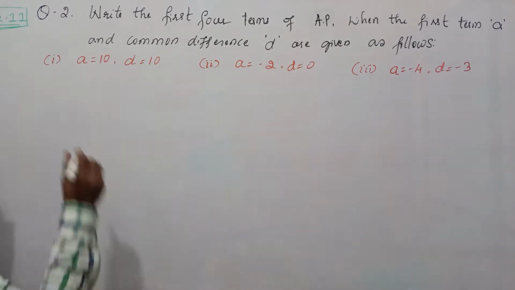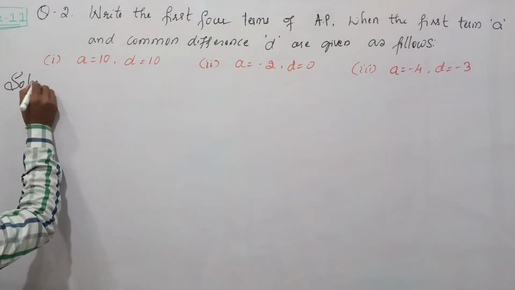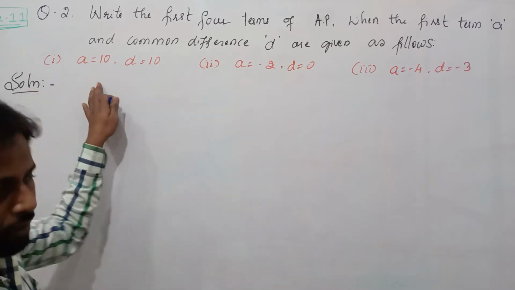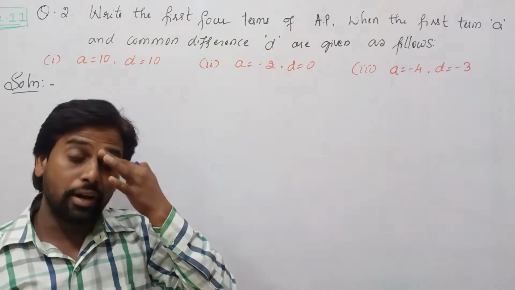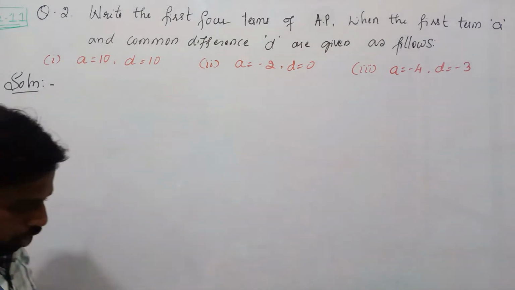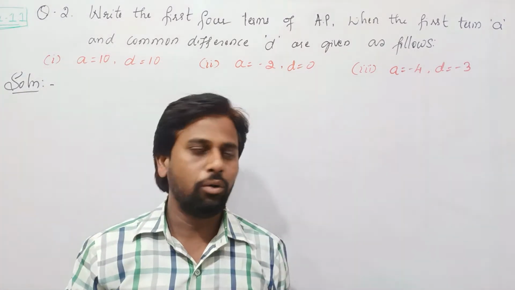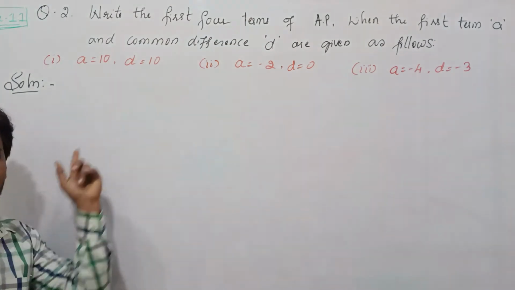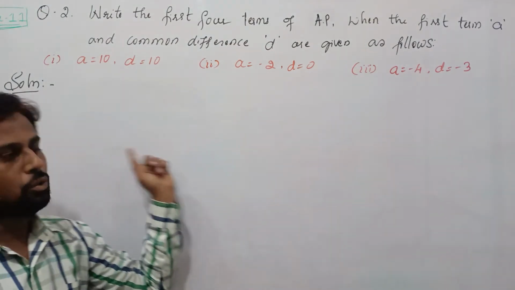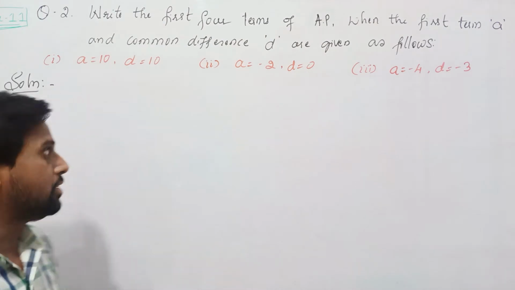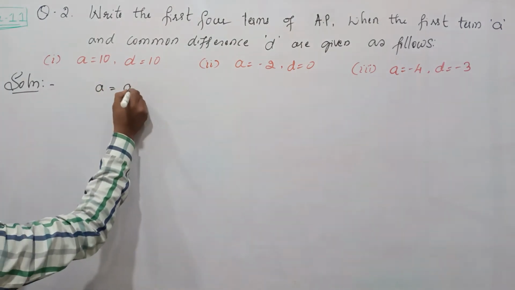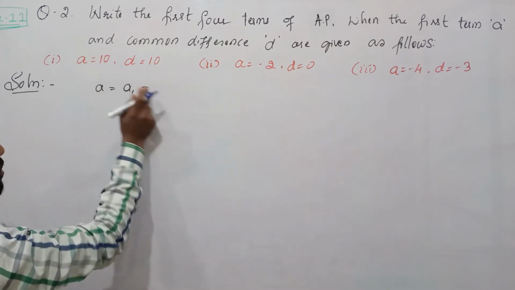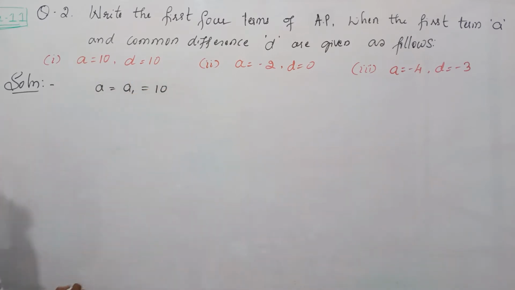So students, to solve the first question, they have given A, that is the first term, and D, that is the common difference. I said in my first video that if you know the first term and the common difference D, you can form any number of APs. So A is taken as the first term, denoted by A1, which they have given as 10.